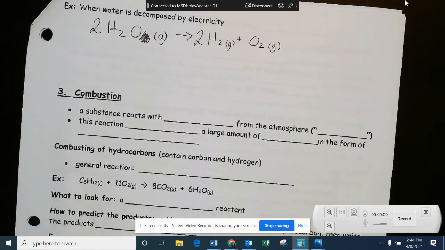Let me just have a look at the questions that are in the textbook. See if we want to go over combustion. Have we done elephant toothpaste before? We have?